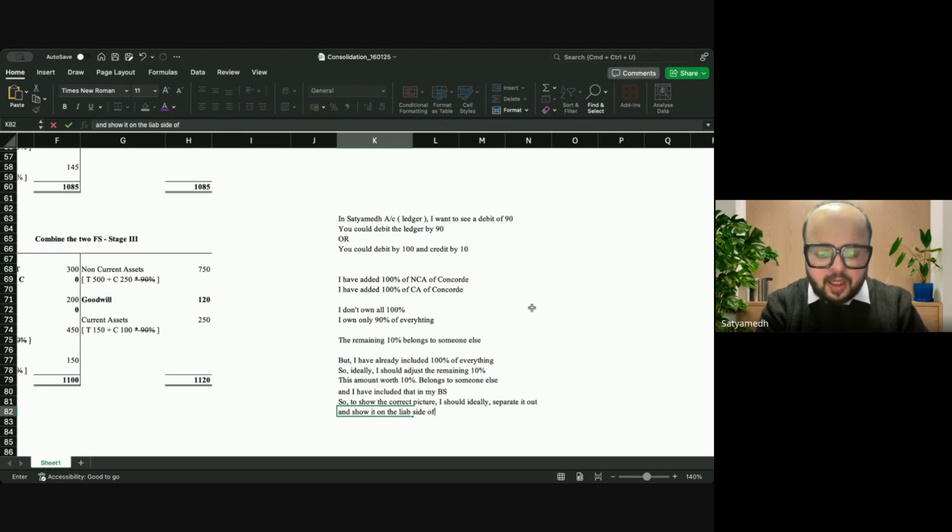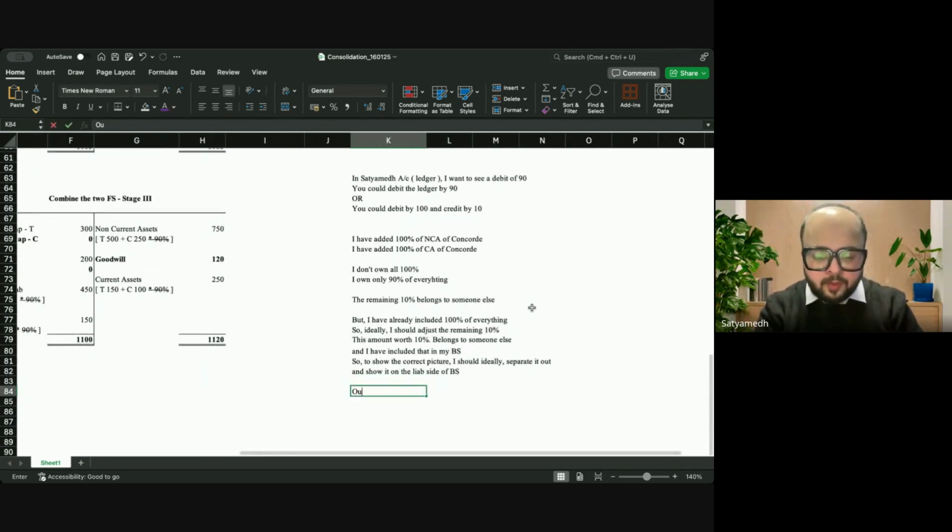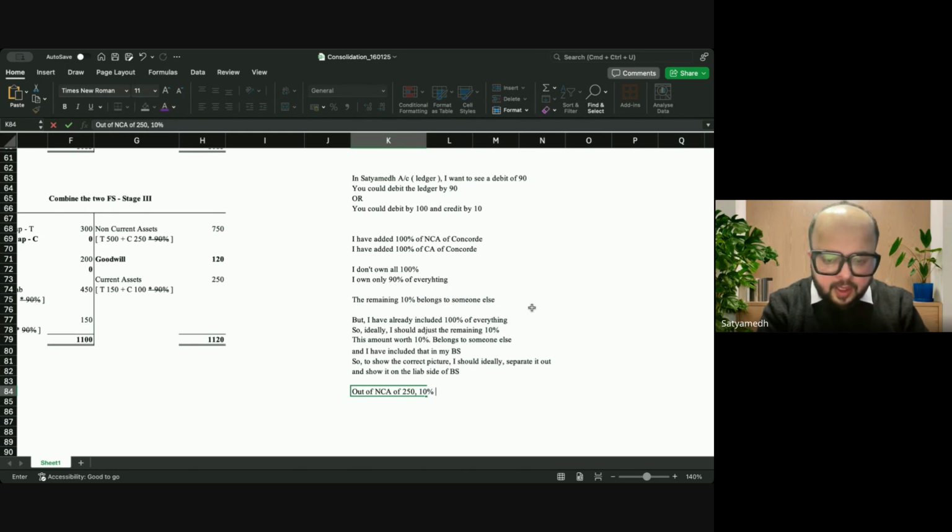ठीक है, I should ideally show it on the liability side of balance sheet. Why on the liability side? Because see, this amount belongs to someone else. किसी और का पैसा है that I have included in my net assets. It doesn't belong to me. So जिसका है उसका amount आप separate out करो. Now out of non-current assets of 250, 10% belongs to someone else, that is 25.